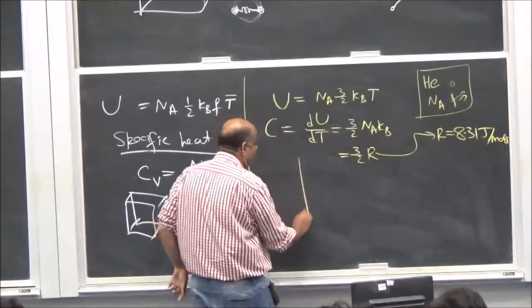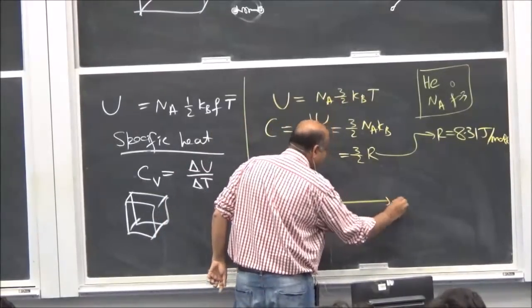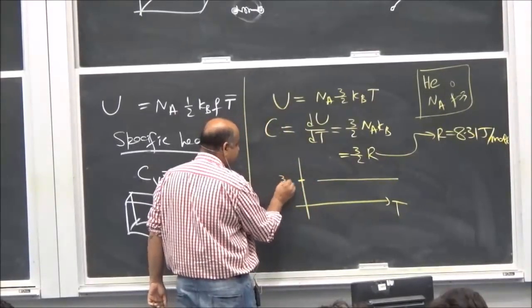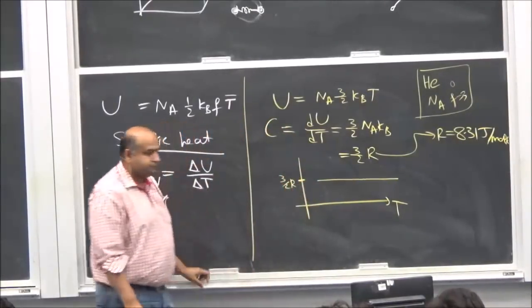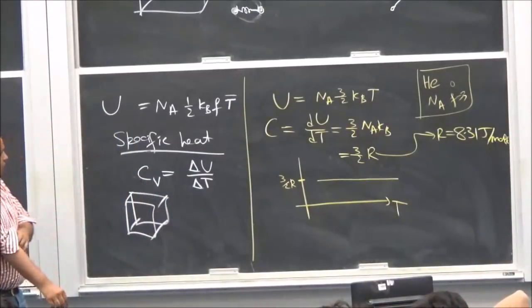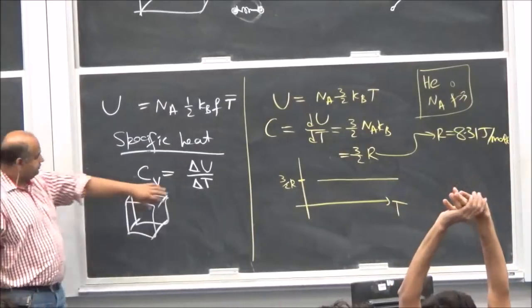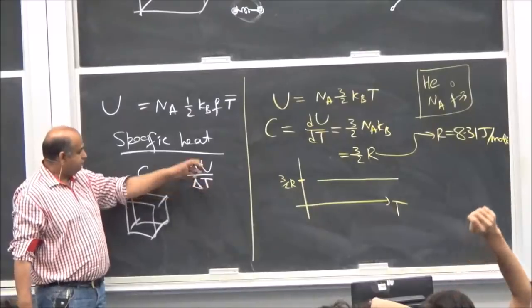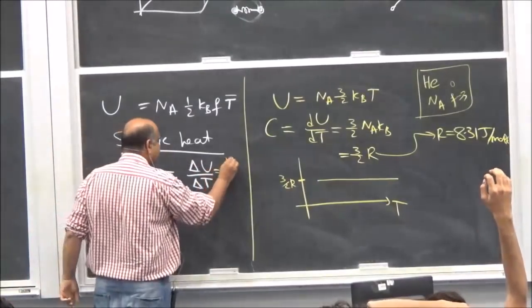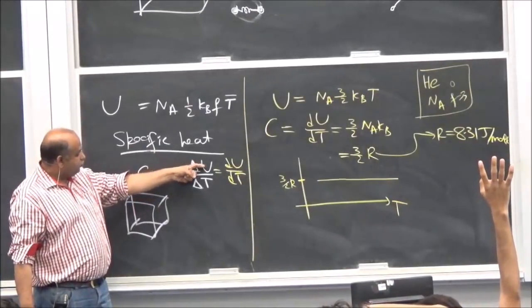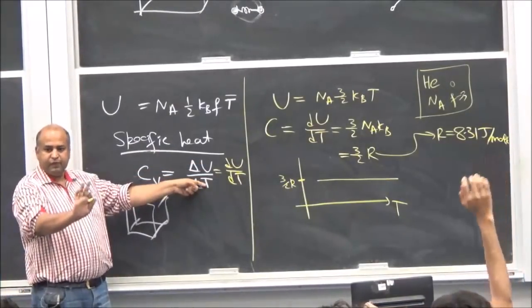So if I plot it as a function of temperature, the heat capacity is fixed at 3/2 R. This is the change in temperature. Okay, so this can roughly be written as dU by dT as well. So this is the change of U with respect to T.